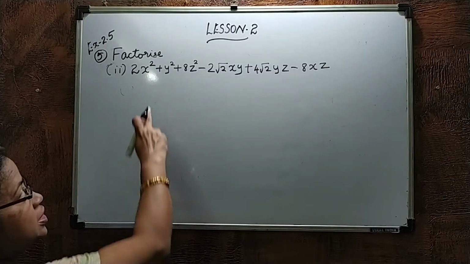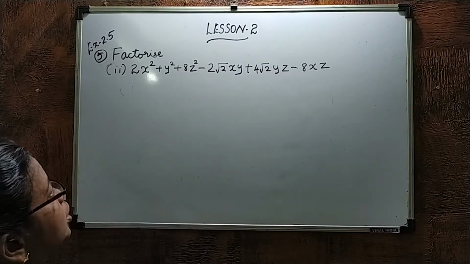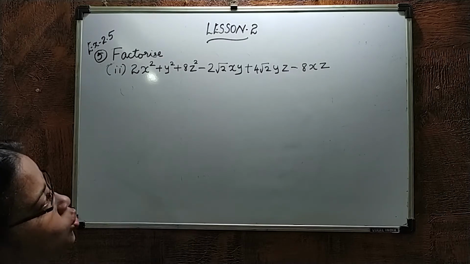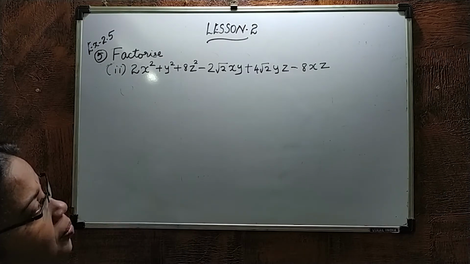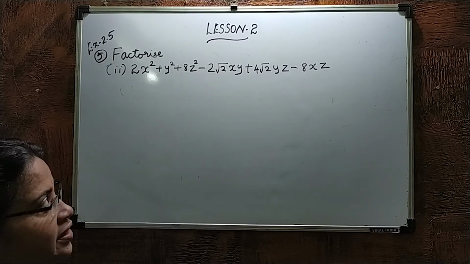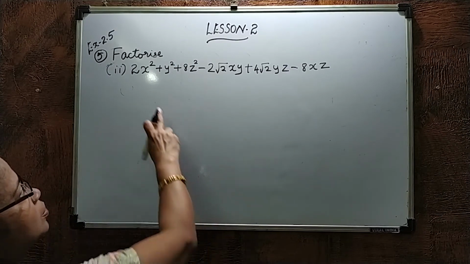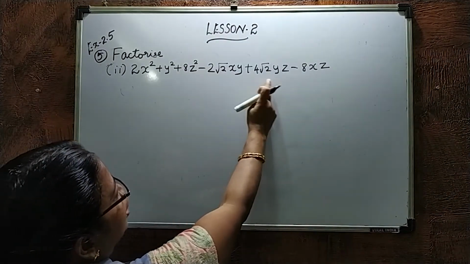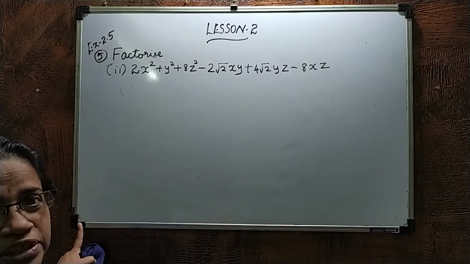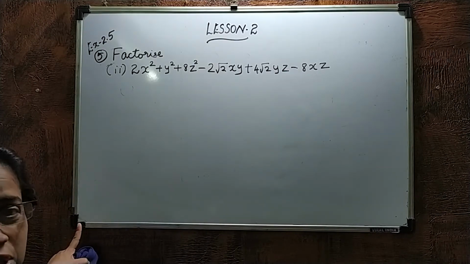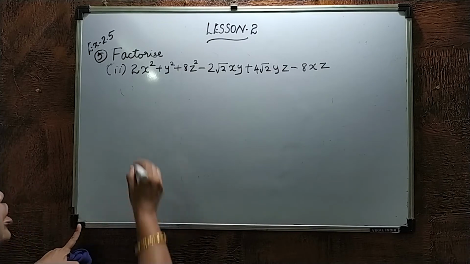Okay, this is the second question. 2x square plus y square plus 8z square minus 2 root 2xy plus 4 root 2yz minus xz. How many terms are there? 1, 2, 3, 4, 5, 6 terms are there. So which identity are you going to use? X plus y plus z the whole square.